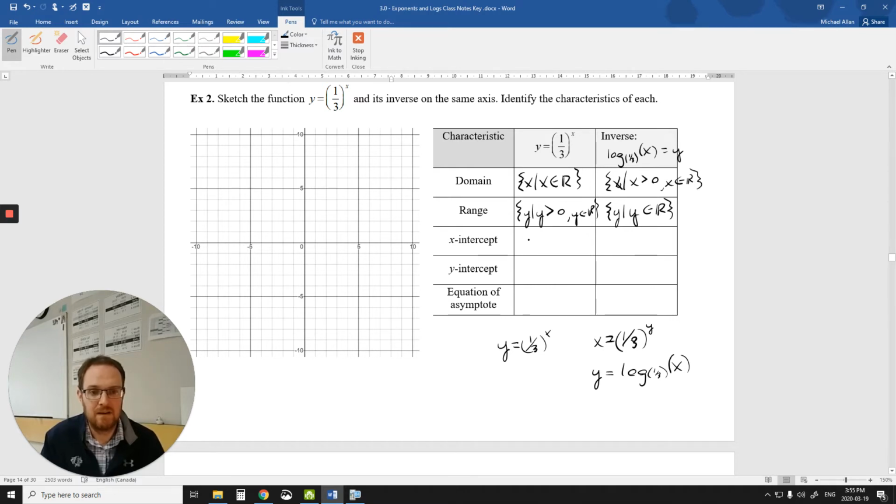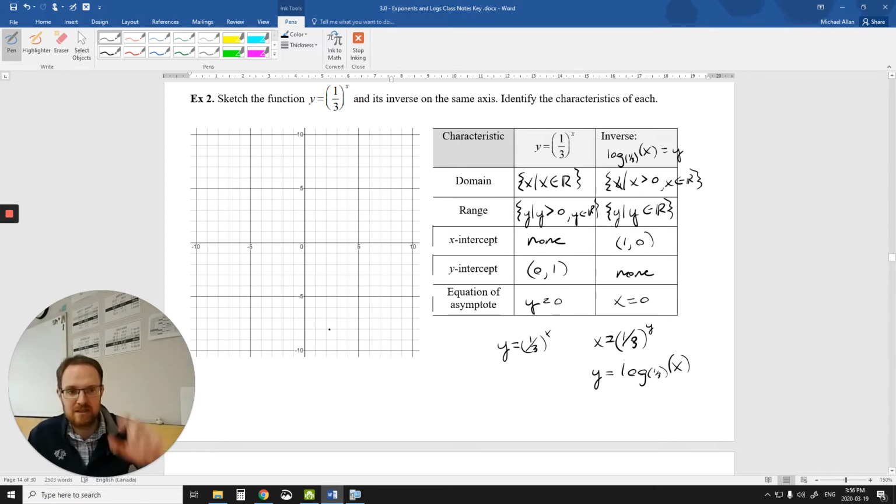Okay. X-intercepts, everything's kind of the same. We have none here. That means we have no y-intercepts. Before, the y-intercept was 0, 1, but now the x-intercept is 1, 0. And the asymptote was y equals 0, but now it's x equals 0. So you're just switching your x and y's around.